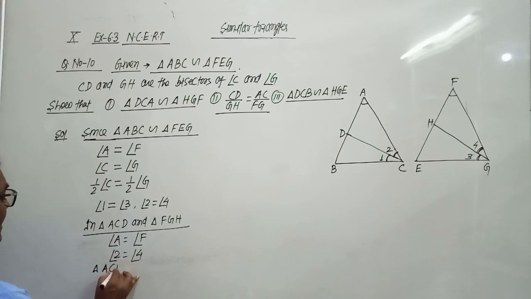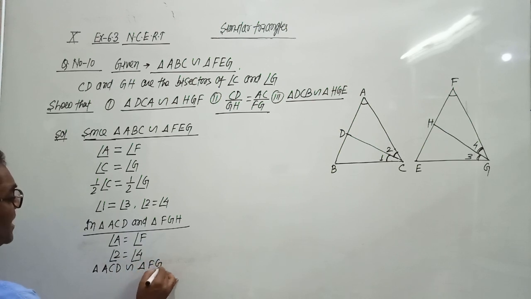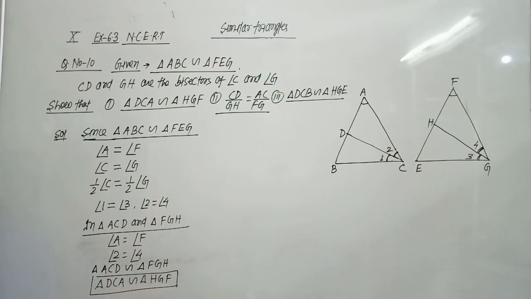So triangle ACD is similar to triangle FGH. And we can write also in reverse order that triangle DCA is similar to triangle HGF. So this was the first part. We proved that triangle DCA is similar to triangle HGF.